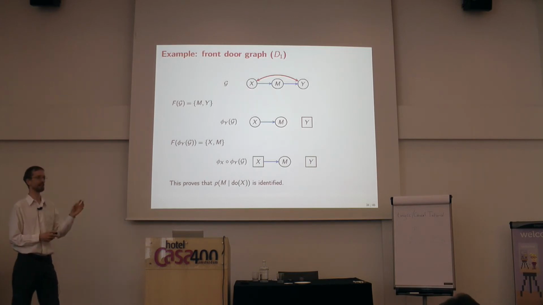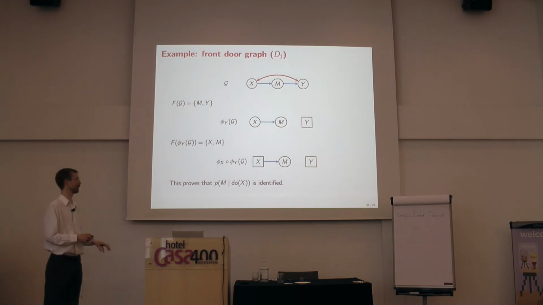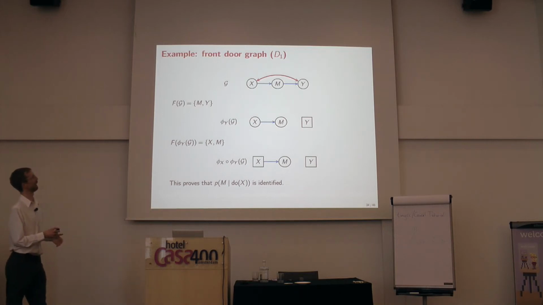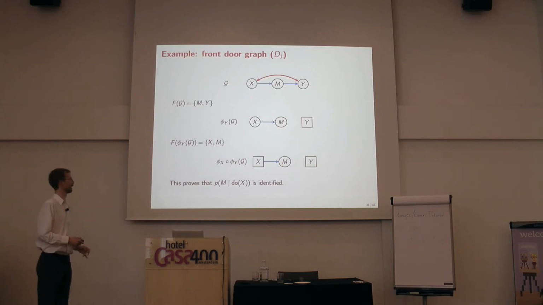We obviously can't fix M because we want M to be around at the end. We never want to fix something that's in D. The only thing we can fix here that is not M is Y, so we get to this graph, and then we can fix X, and we get to this. This sequence of operations shows that this distribution is identified.